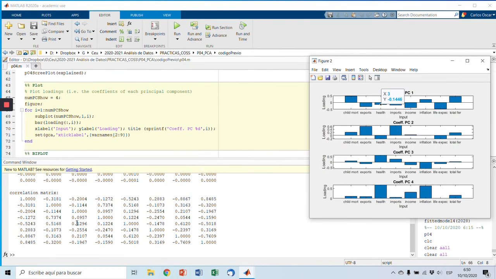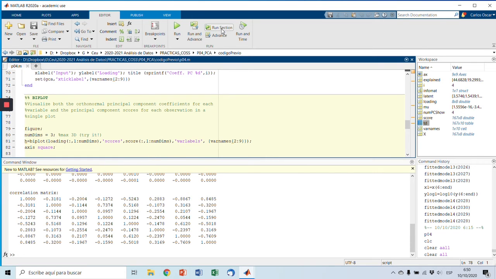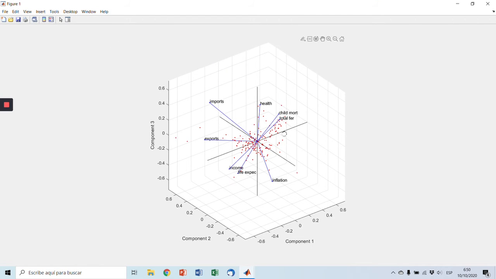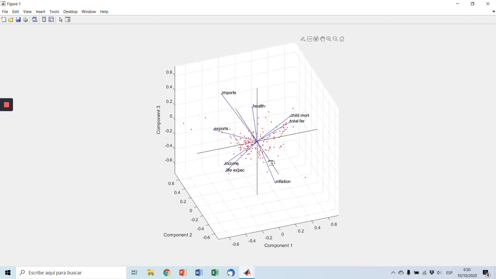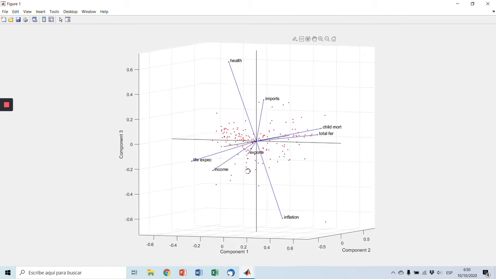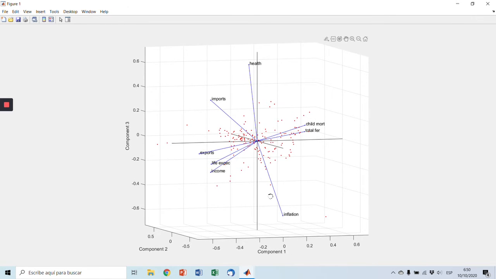figure, and then we can look for the biplot. So the biplot gives us a lot of information. So here what we have are all the countries. We will look at them later, and then some axes.